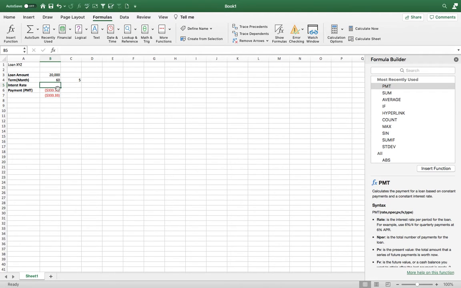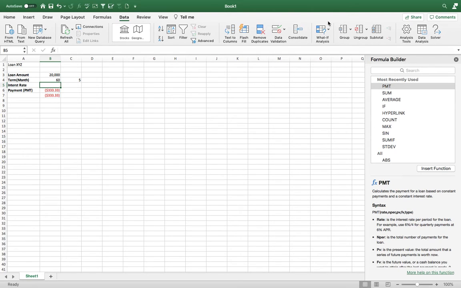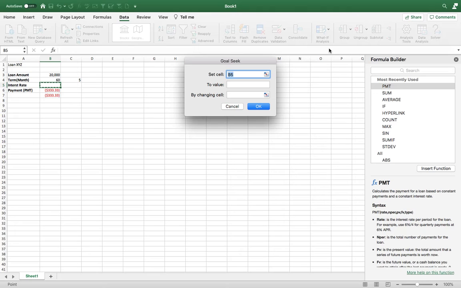So to find out, or if a bank or some financial institution tells you, hey, this is your monthly payment, you can actually find out what interest rate they're charging you. So go to data, what-if analysis, go to goal seek, and this is how you will find out the interest rate.